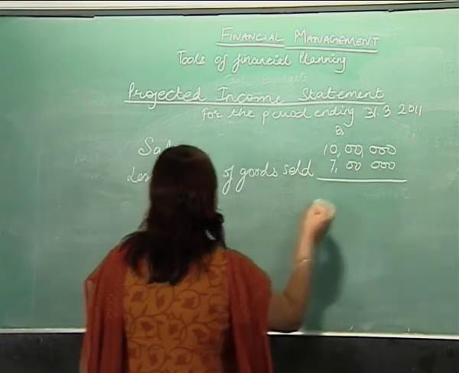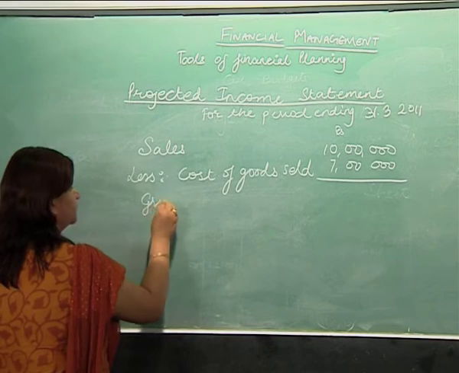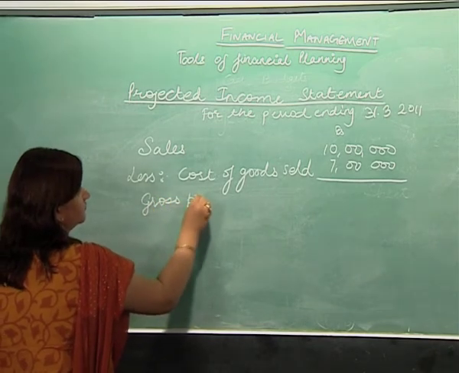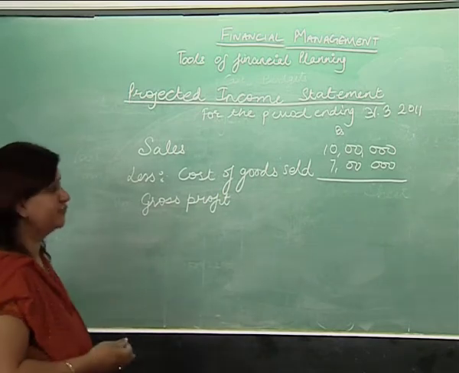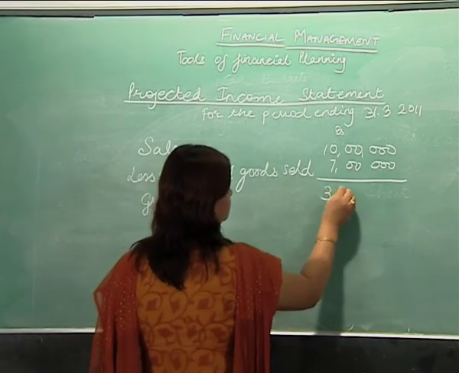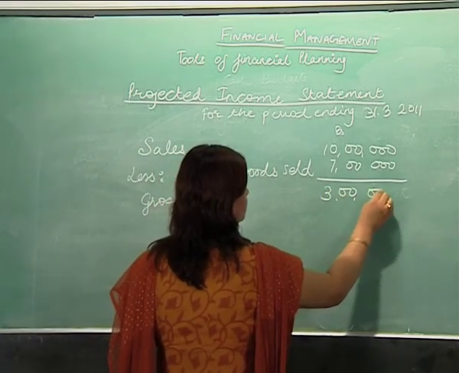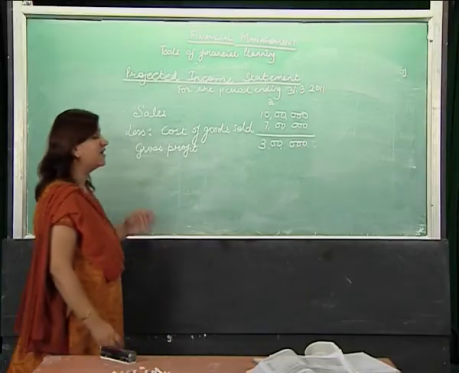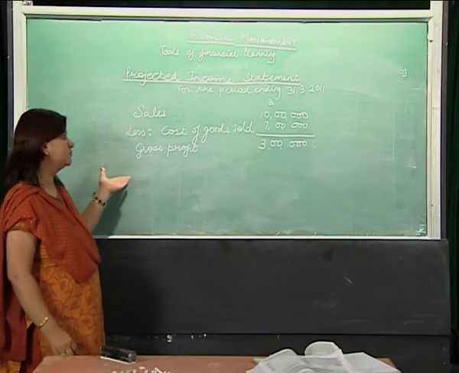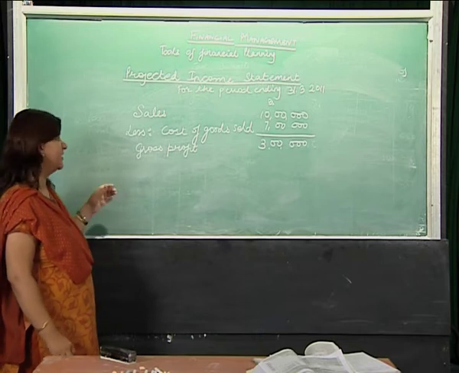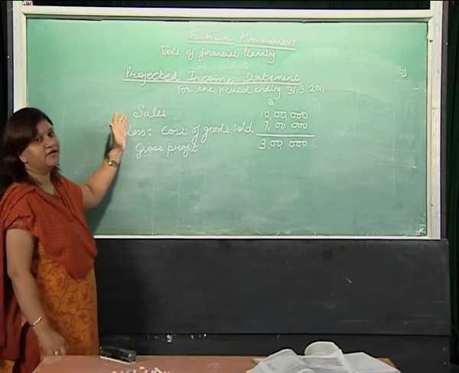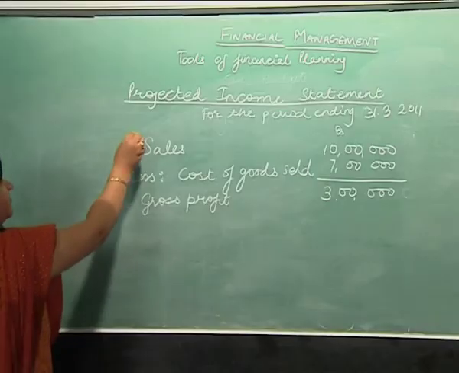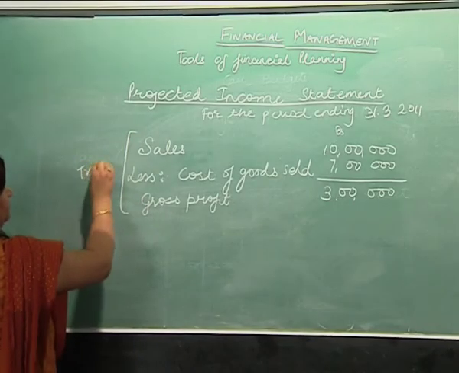So, our gross profit will be sales minus cost of goods sold, 3 lakh. Now, we have to ascertain the expenses to be deducted from the gross profit. So, up to sales, cost of goods sold and GP, it shall be considered as the part of trading account.